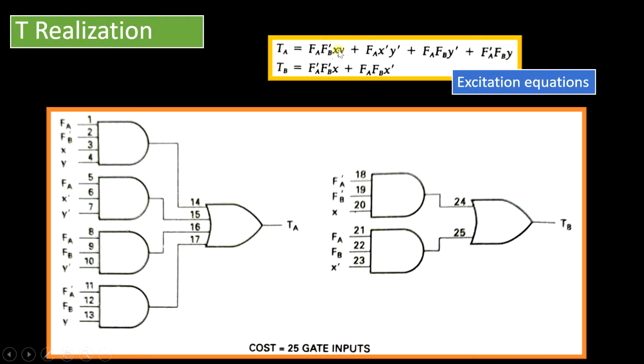That is because you can see that to realize the expression TA itself, you require a lot of AND gates, and you also require more inputs, like a 4-input AND gate. In this case you would require 3-input AND gates. Because of that, the number of gate inputs in the case of the T flip-flop would be 25, which is much higher than the JK and the SR.